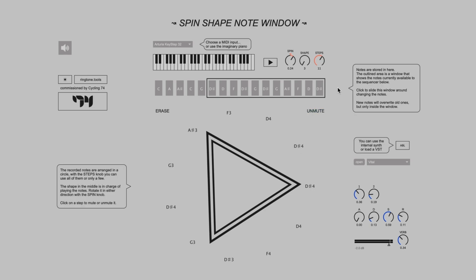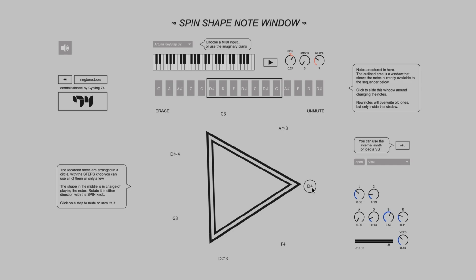Right, so like I said, it is a MIDI sequencer. It's made of two different parts. This down here is spin shape, and it is responsible for the playback of the notes. You can see that there is a shape and it spins around.